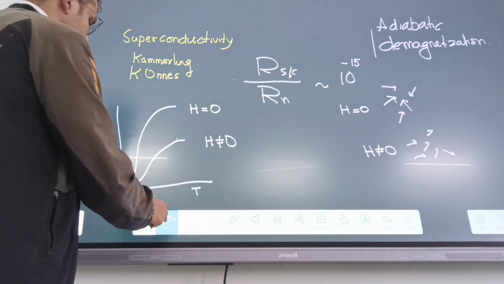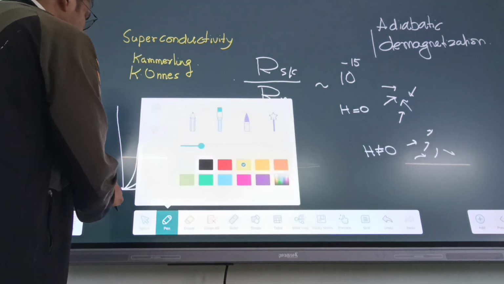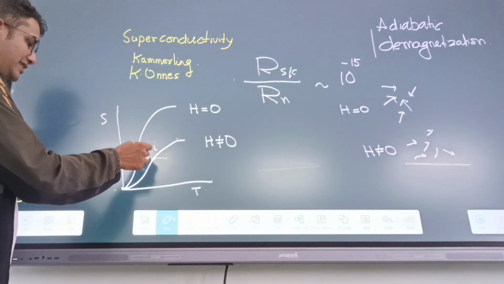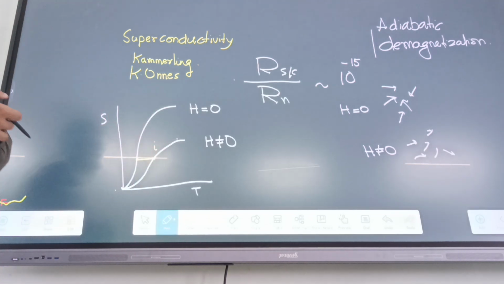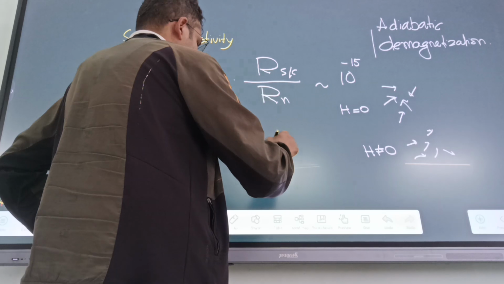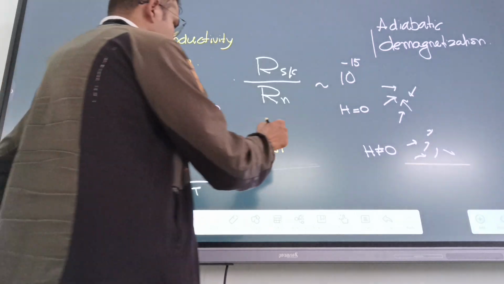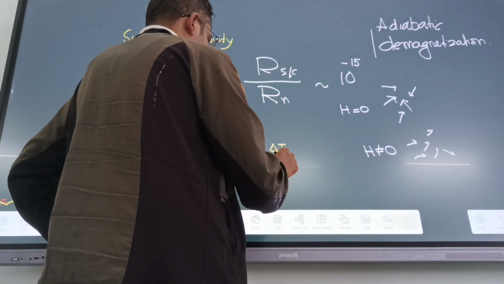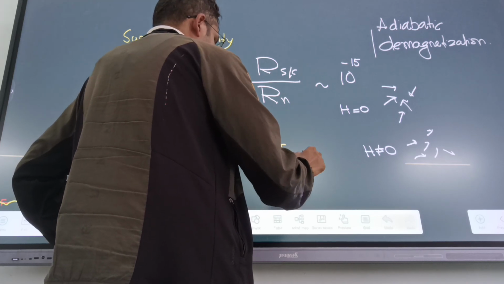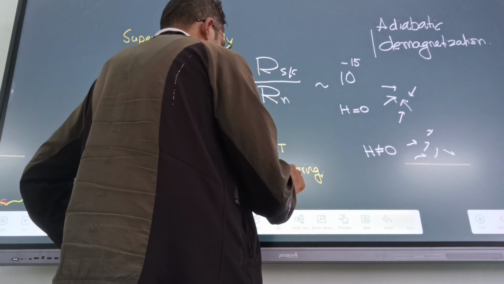In this condition, the temperature change from the initial state to the final state, right, there is a phase change, there is a delta T. This is the temperature change which leads to the lowering of temperature, I mean, a phase transformation causing a lowering of temperature.